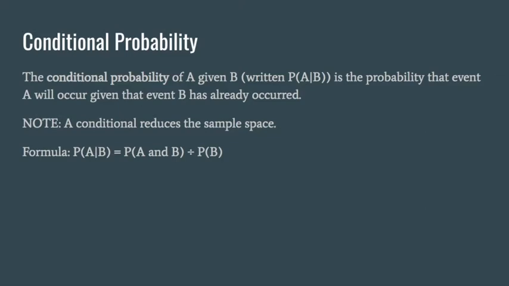So that's where this conditional probability comes in. Typically, this note here about conditional reduces the sample space. What this means is usually not all possible outcomes are available anymore because event B has occurred. Okay, so when we say reduces the sample space, that means there's not as many possible outcomes anymore.